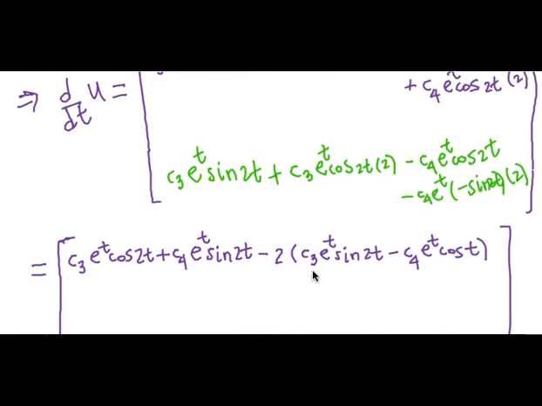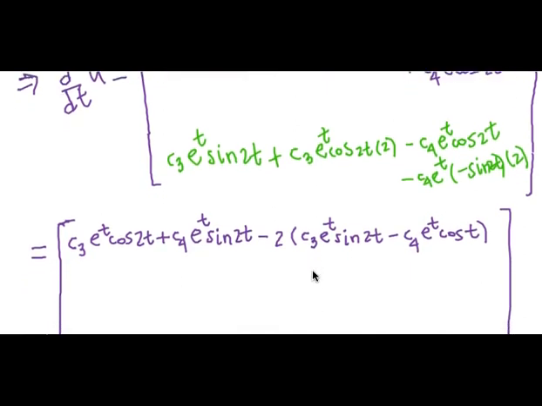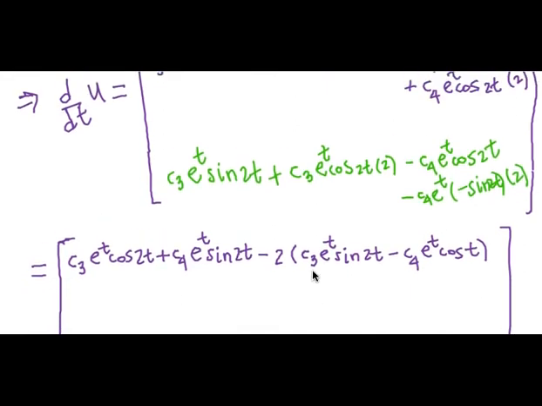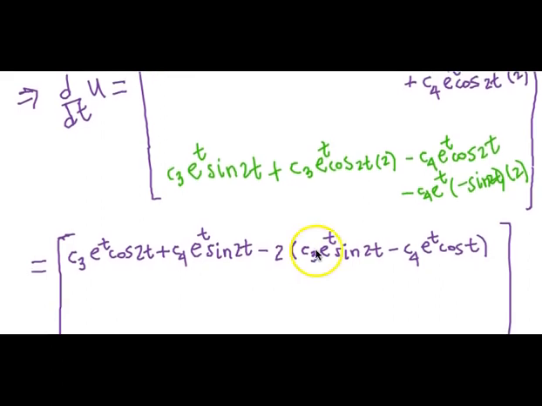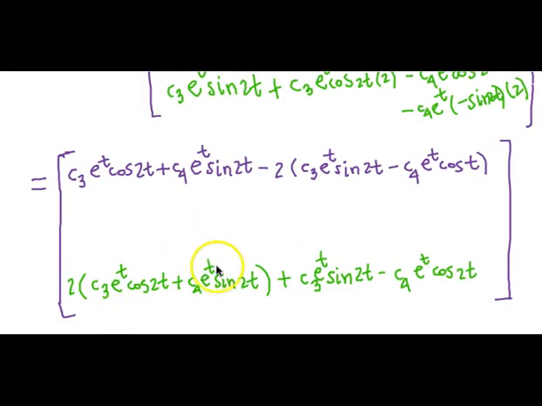You'll see in a minute why these terms are grouped in this way, and then we'll do something similar with the terms in the second entry. We're going to collect the terms that have a coefficient of 2. So the second entry would look like this: 2 times the quantity C3 e^t cos plus C4 e^t sine, plus C3 e^t sine minus C4 e^t cosine.